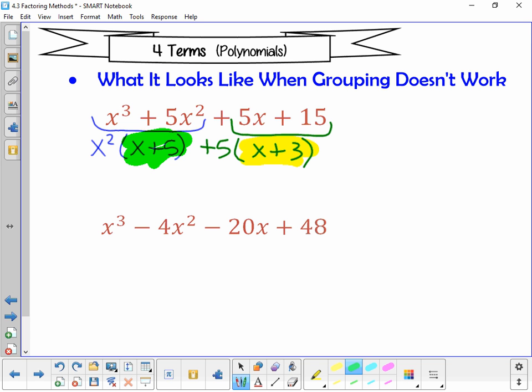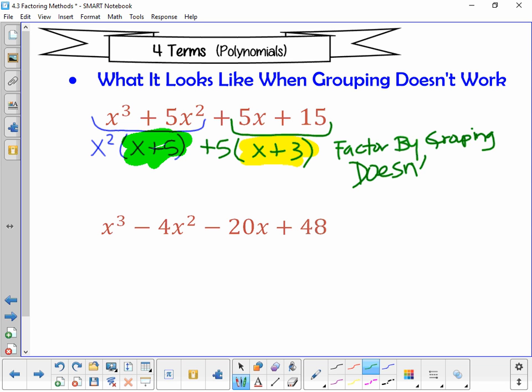If those two things are not the same, there is no common thing I can factor out to the front. It didn't work. I'm done. It failed. Factor by grouping does not work. And right now, you wouldn't have another strategy to try yet.